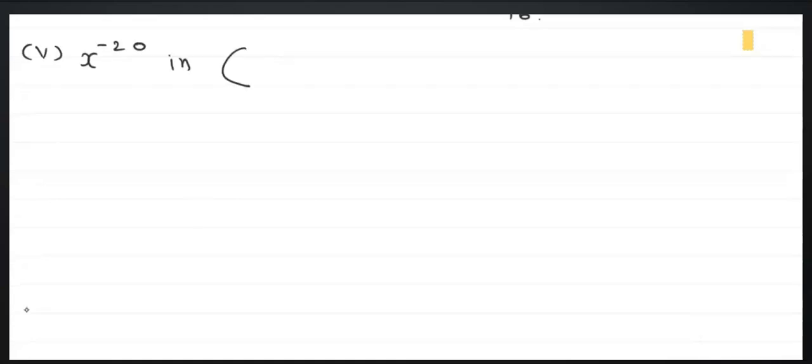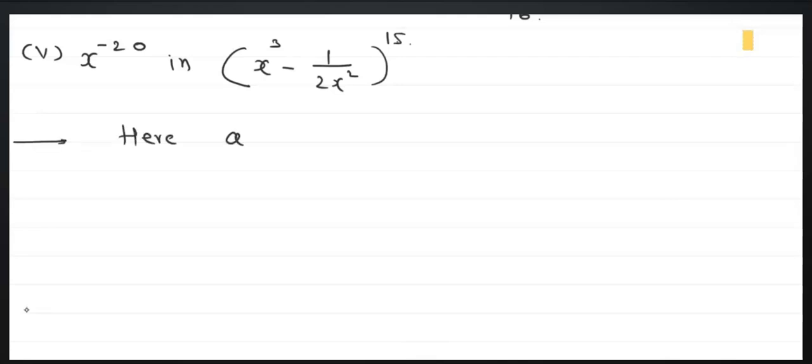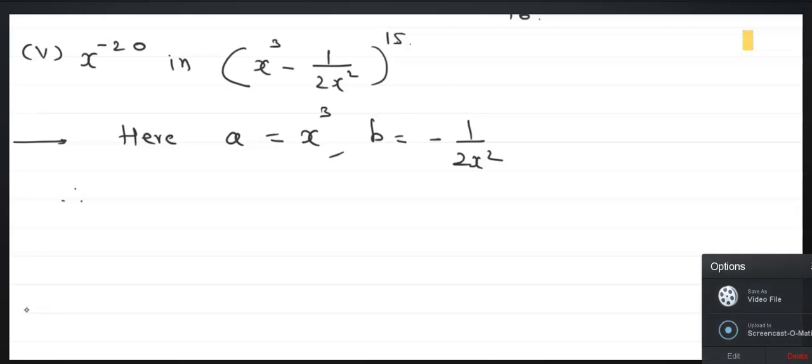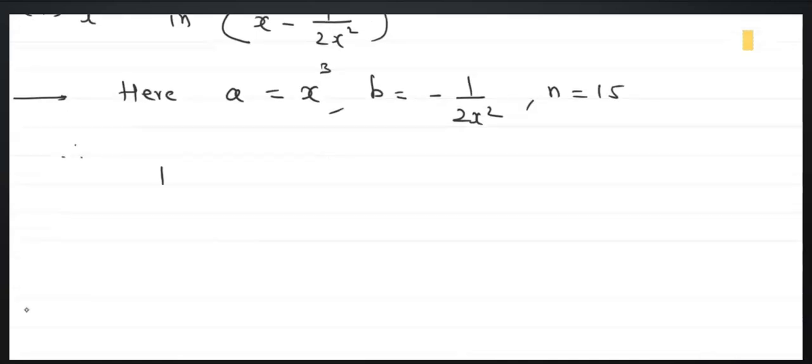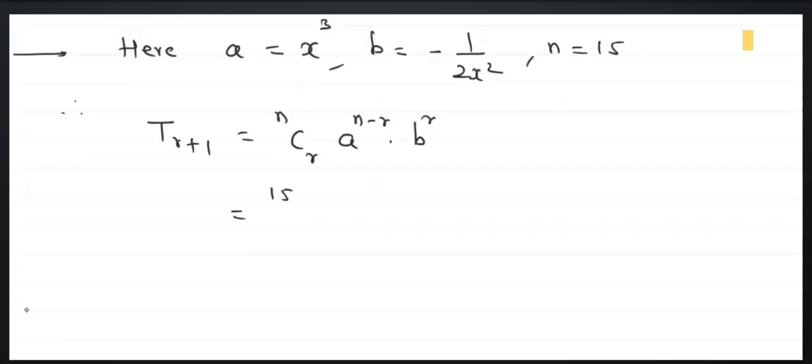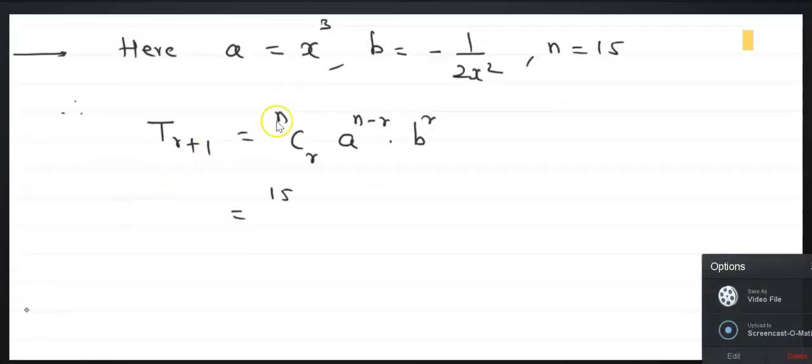Now, next is fifth. x raised to minus 20 in the expansion of (x cube minus 1 upon 2x square) bracket raised to 15. a is equals to x cube, b is equals to minus 1 upon 2x square, and n is equals to 15. Now again the formula, T suffix r plus 1 is equals to nCr a raised to n minus r into b raised to r.